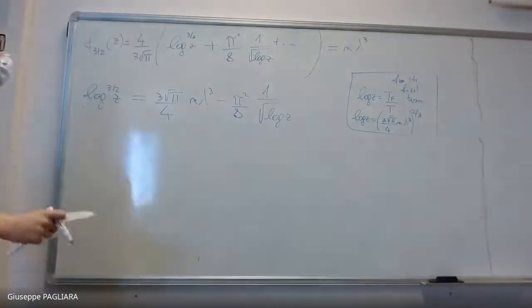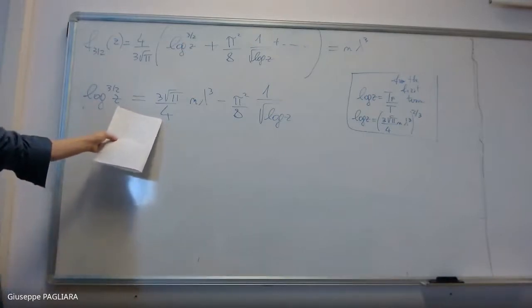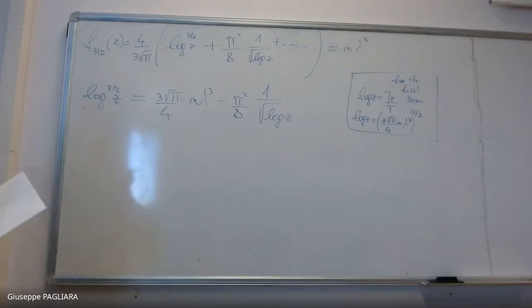So actually this quantity here is just Tf divided by T to the power of 3 alpha.